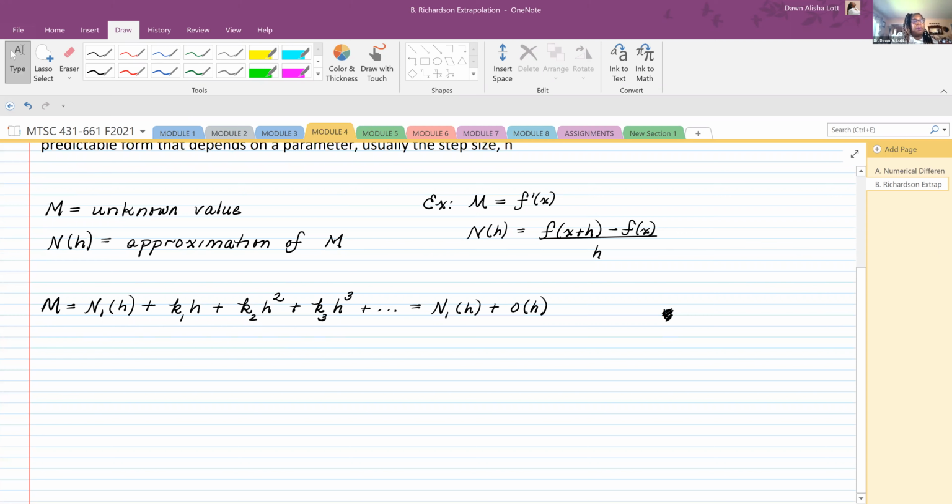So if f prime is approximated by f at x plus h minus f of x all over h, then that would be my N1 of h, and my error would be order h, because that is a first order approximation.